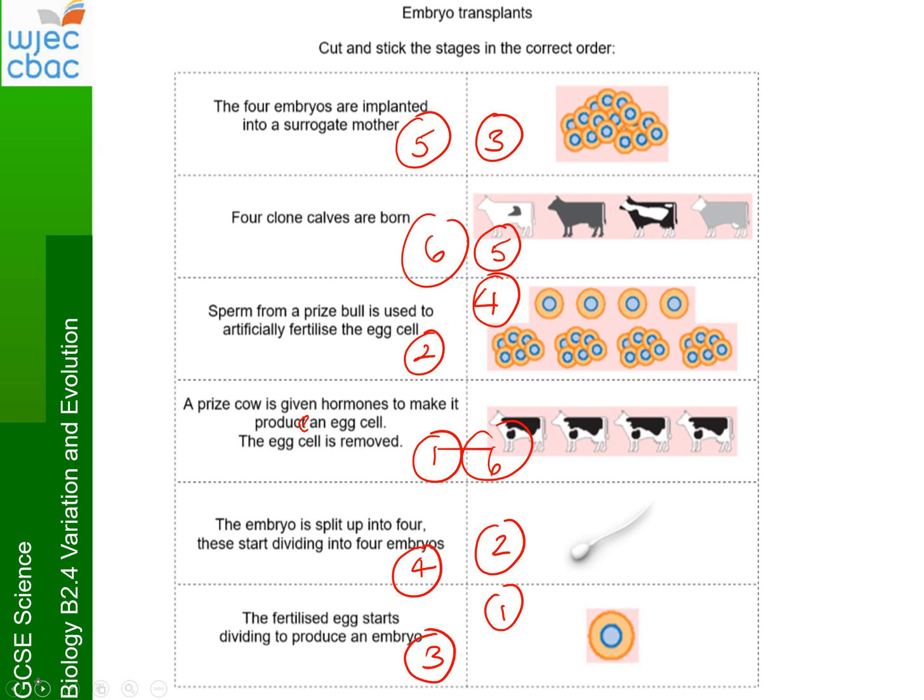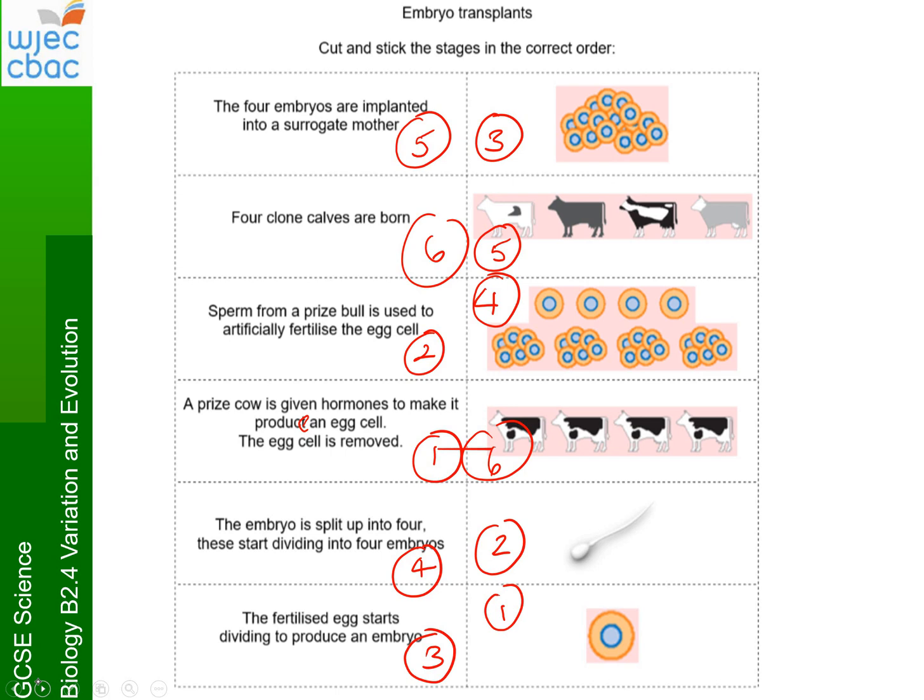For embryo transplant, first of all, sperm cells and egg cells are added to each other. That would be your number 1. Fertilization occurs for number 2. For number 3, each cell develops into an embryo. Number 4, the cells of the embryo.